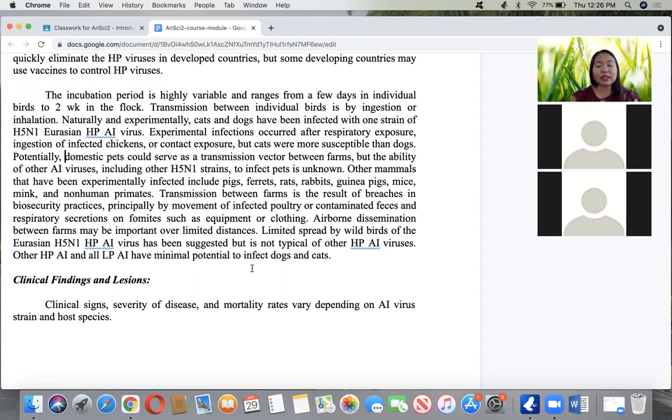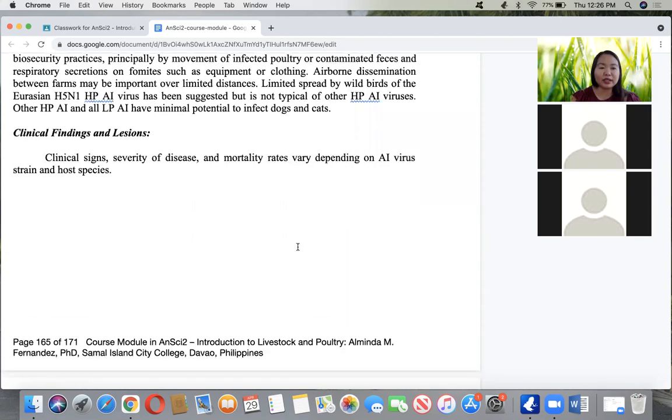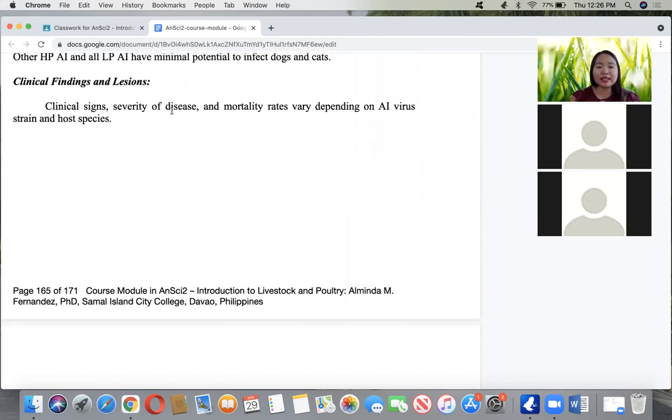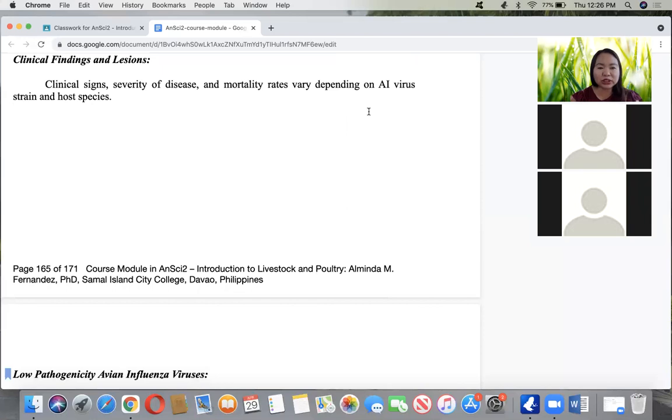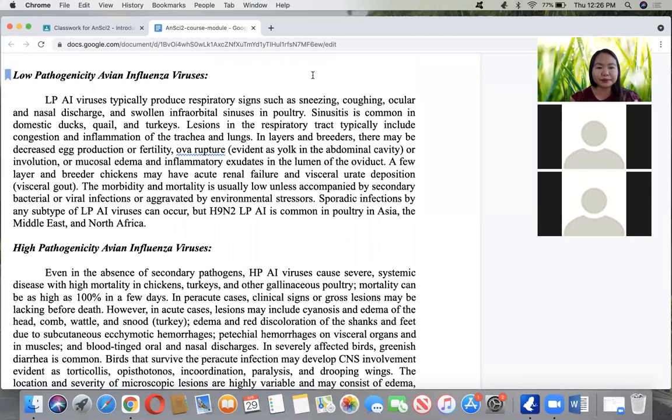They also have minimal potential to infect dogs and cats. Clinical signs, severity of disease, and mortality rates will depend on which strain and which dose.